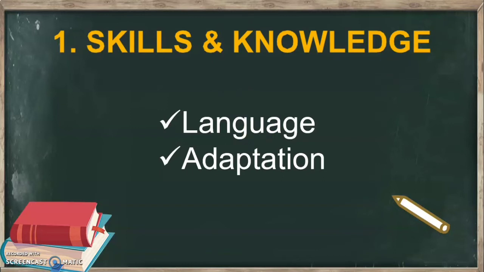So we know, for example, from this sentence, he runs fast. We know what it means. But can we explain why we use runs instead of run in this sentence? Can you explain that? So that is one thing that you have to learn how to do before you apply, because it's the number one requirement, the skills and the knowledge.